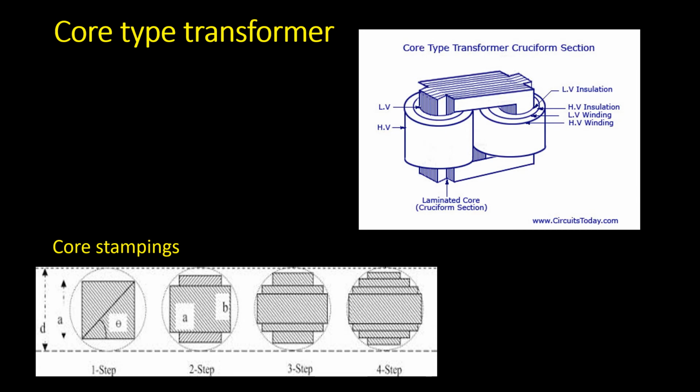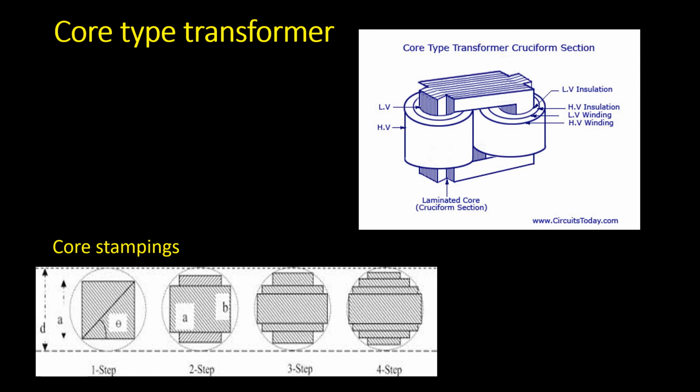In case of the core type transformer, the windings are given to a considerable part of the core. The coils used for the transformer are former wound and are of cylindrical type. Such a transformer can be applicable for small sized and large sized transformers.